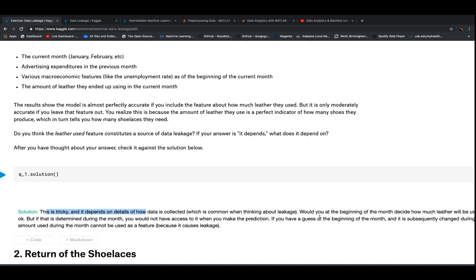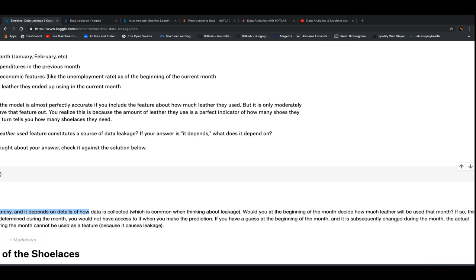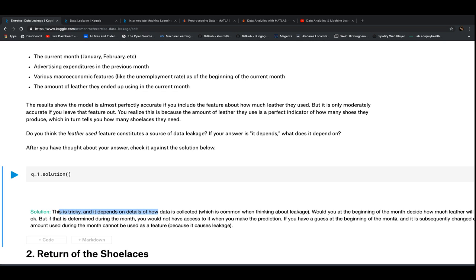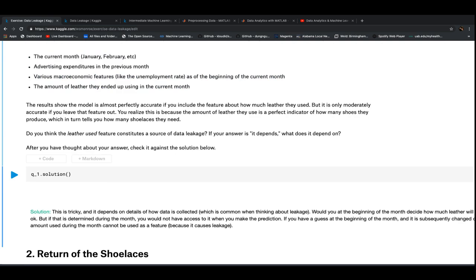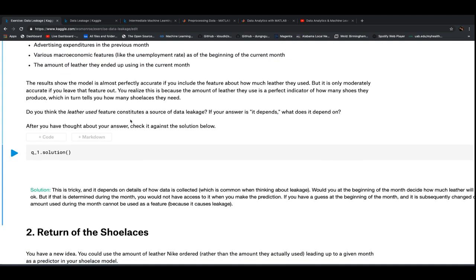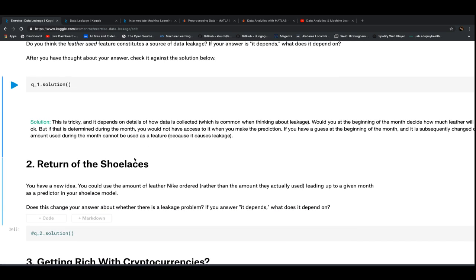And if you have a guess at the beginning of the month and it subsequently changed, the actual amount used during the month cannot be used as a feature. So this is basically what Ravi and I were saying. Because it's worded as the amount of leather that was used, it's target leakage, because we couldn't possibly know that ahead of time.